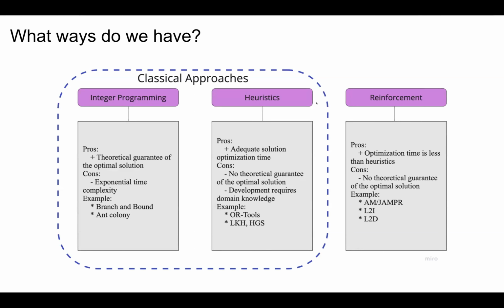The third one, a new approach to solve the route optimization problem, is neural networks and deep reinforcement learning. Here we have better time and better results, but of course there is still no theoretical guarantee.